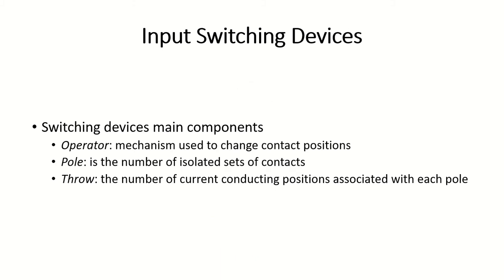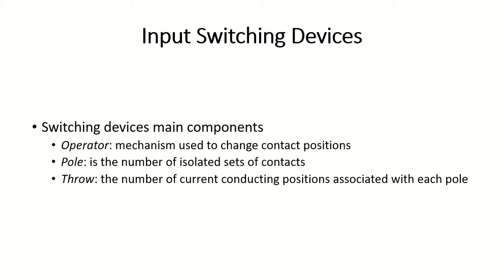To understand these input switching devices, we have to know the main components that make them up. The first of these main components is the operator. This is the part of our push button that is physically pressed, and it's used to change the contact position of contacts that are typically located on the back side of that push button.